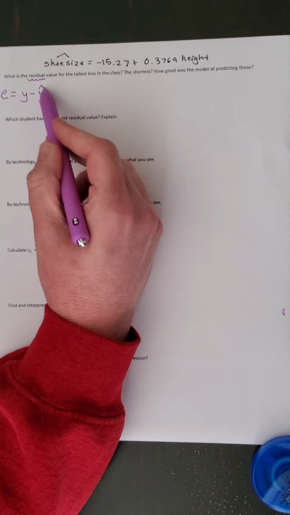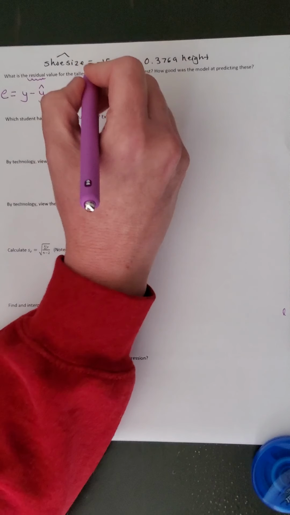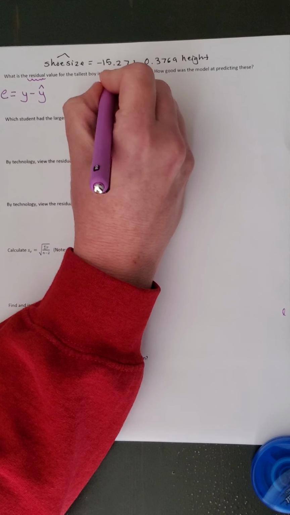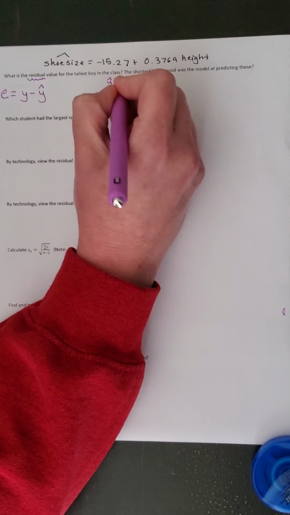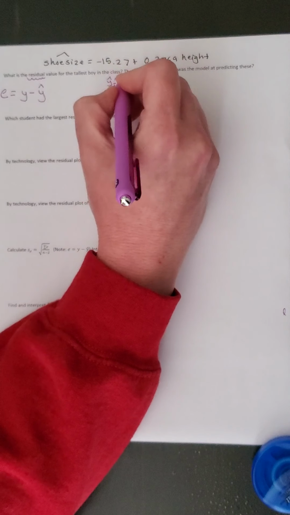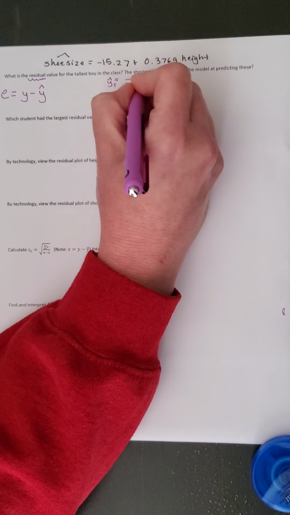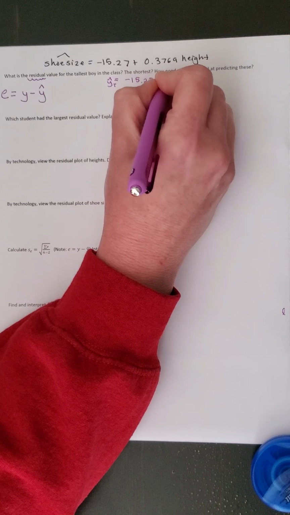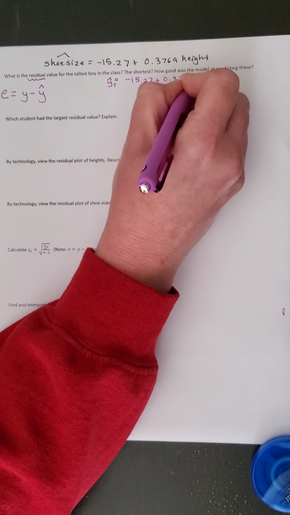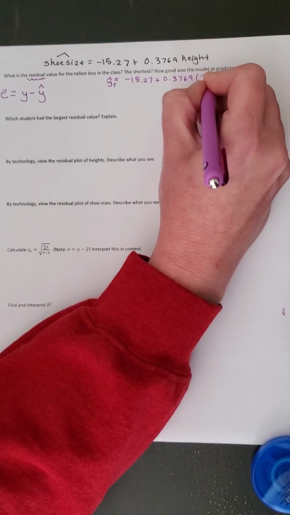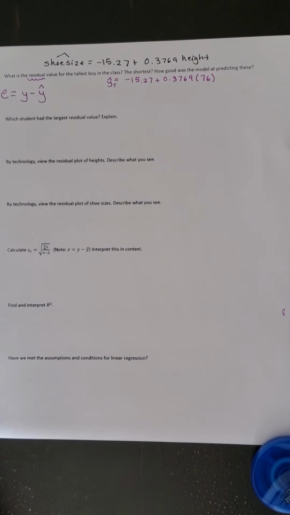What I need to know is the expected. So to find that Y hat, I'm going to put a T right here for the tallest boy, equals negative 15.27 plus 0.3769 times height, and he was 76 inches. So we're finding the tallest boy's predicted shoe size.